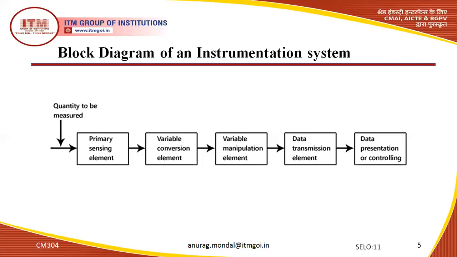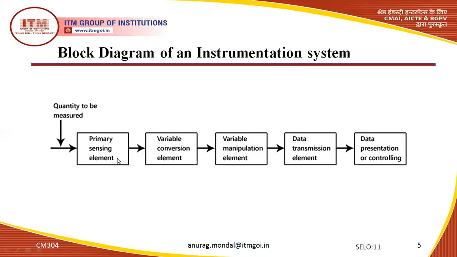After that, we have to transmit that particular signal by the data transmission element. And after transmitting that data, we need to apply some control on it. That is why at the end we have data presentation and controlling, and by controlling, we can control the total process. So this is the total block diagram of an instrumentation system.